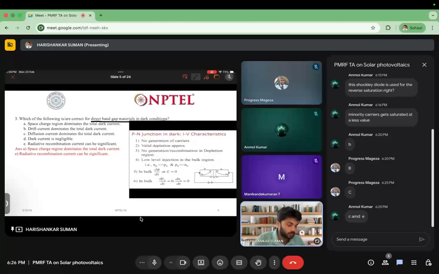Please see in the lecture: p-n junction in dark. No generation of the carrier. If no light, no generation. Valid depletion approximation. No generation recombination in the depletion region. Low level injection. Electric field is inside bulk. In the bulk also the concentration gradient is 0.